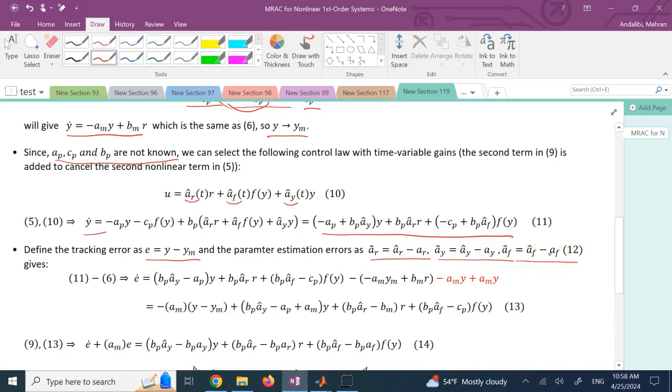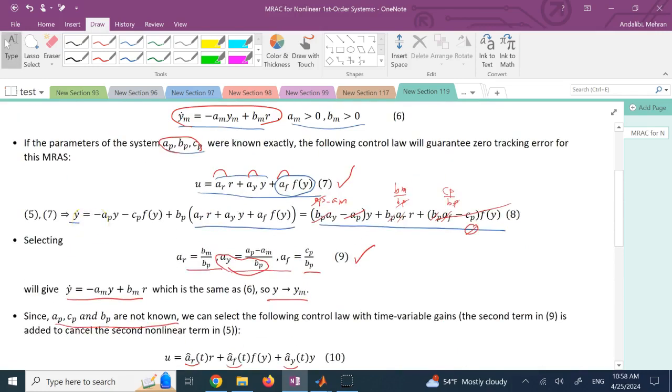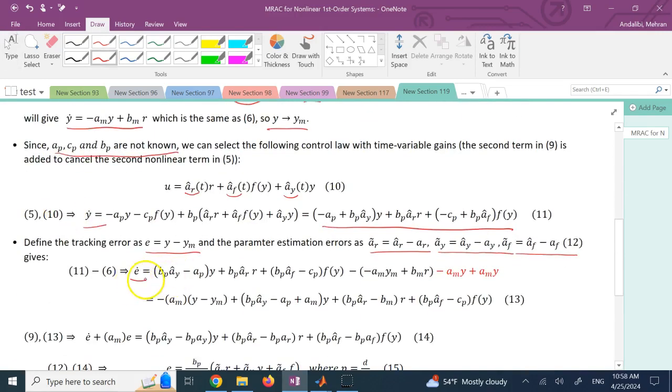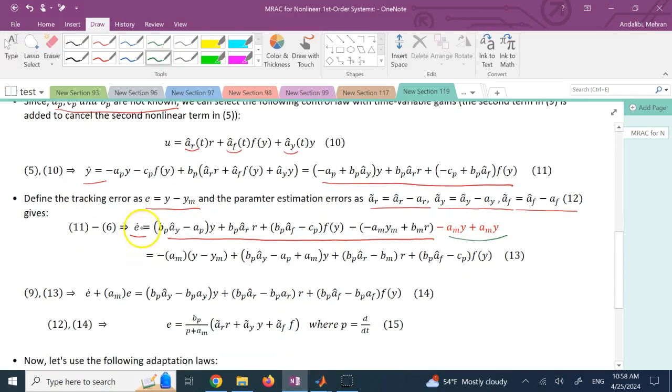If that's the case, where you subtract equation 11, which is for y dot, and 6, which is for ym dot, you get e dot on the left hand side, and on the right hand side you get all of this. Now here we add and subtract an extra am times y, and if you rearrange it, you'll see that your e dot becomes all of that.